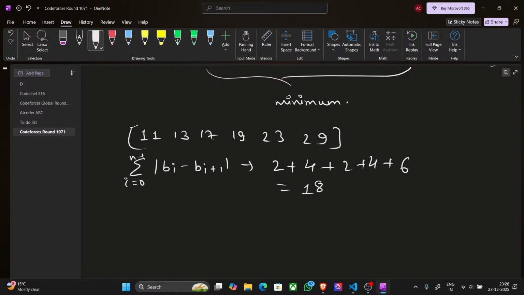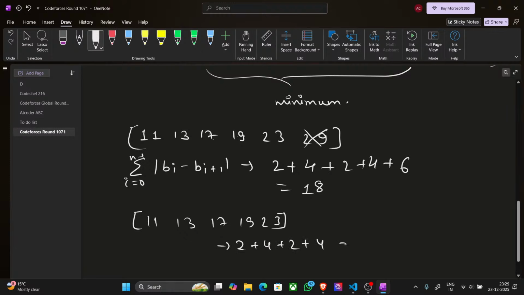Now we have to remove at most one element. We can remove any of the elements, and we have to check if that maximizes or minimizes the answer or not. If it is minimizing the answer, that index is our answer. So let's say I delete this index 29. Then my array will be this, and then the total summation will be 2 plus 4 plus 2 plus 4, which is 12.